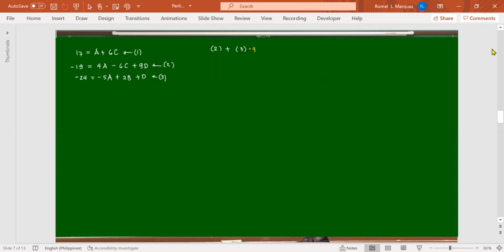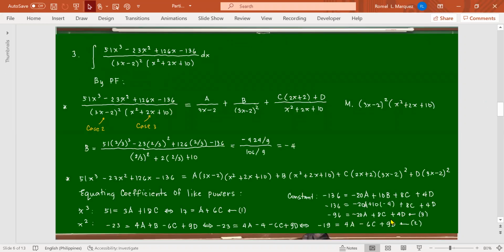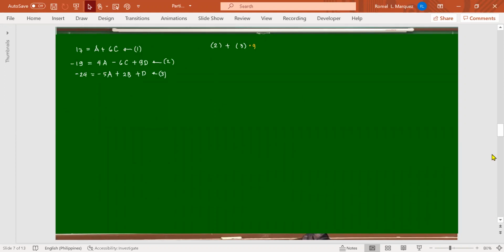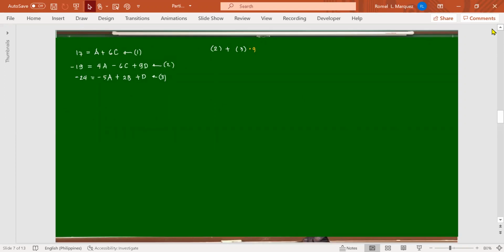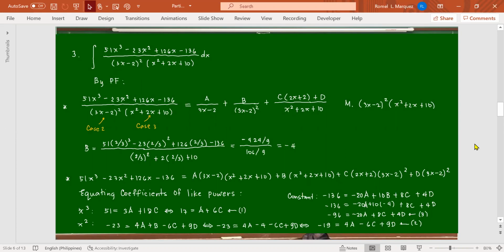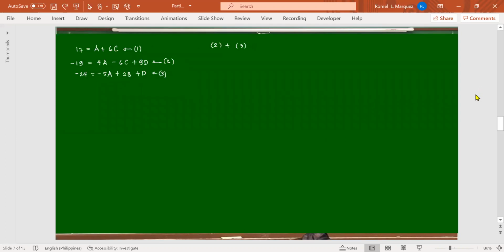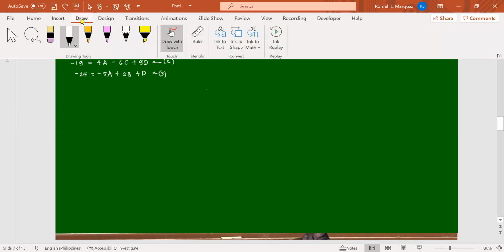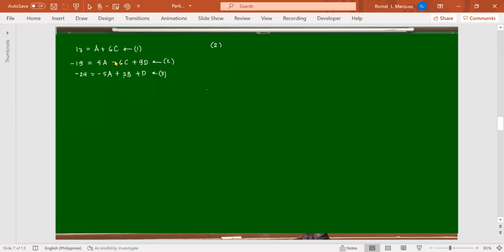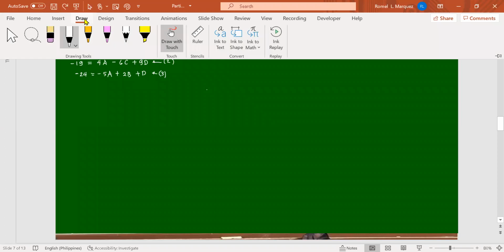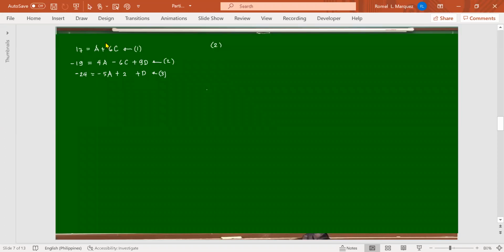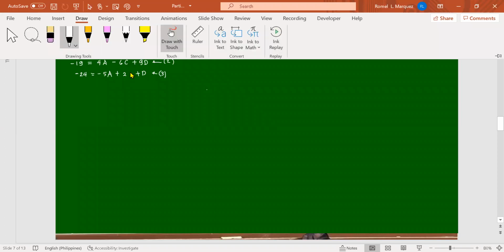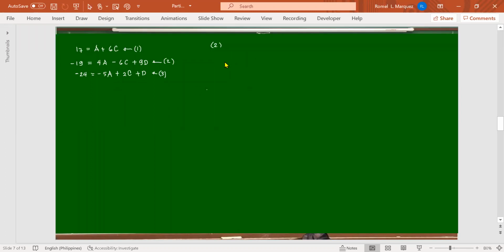I think let me check that. This is 8C. Again, let me check that. This is supposed to be C. It's hard to check.